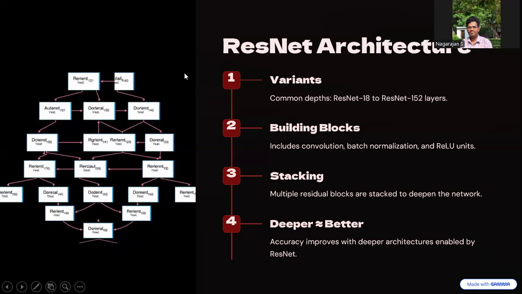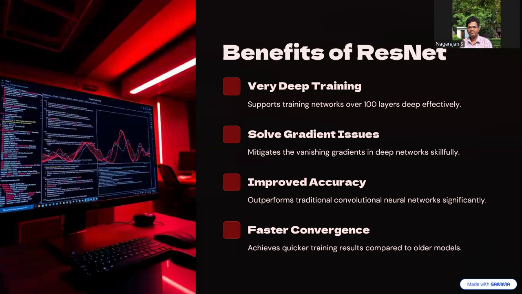Once you go for the ResNet architecture, what can we do? If we talk about images, we can identify objects in the image, which is also possible with ResNet. Now the benefits or uses of ResNet: it supports very deep training, effectively training networks of over 100 layers, and solves gradient issues.